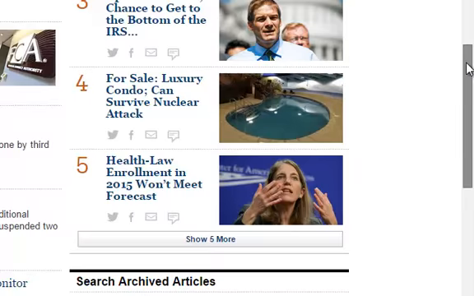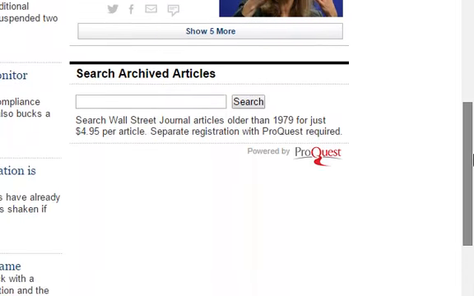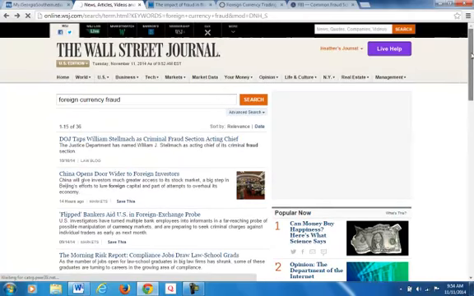And I'd like to find another article in an Asian market so that different international aspects can be explored. So in the search bar, I'm typing in foreign currency fraud Asia.